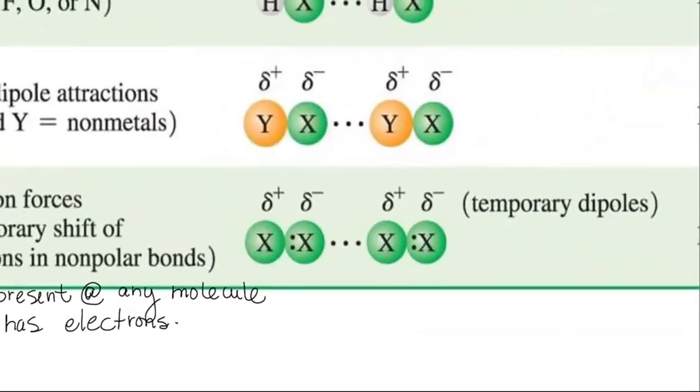That's why you see here in parentheses a temporary dipole. And once the temporary dipole is created, they're going to interact with one another via the delta negative of one with the delta positive of the other, okay? But remember, the key for dispersion forces is that you have a temporary dipole.